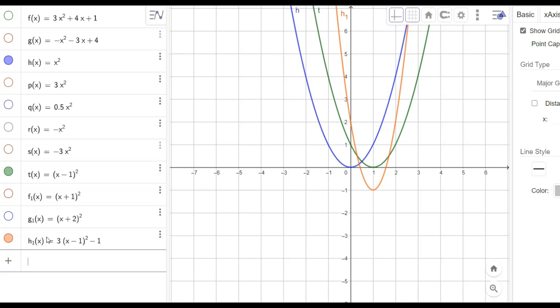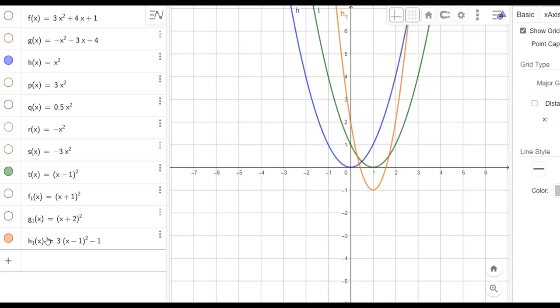You got the green one. Now in front of that I multiplied with the 3 and I took away 1. Then we see the minus 1 had the effect of moving it down one step. And the 3 here had the effect of making it more steep compared to the green and blue one.